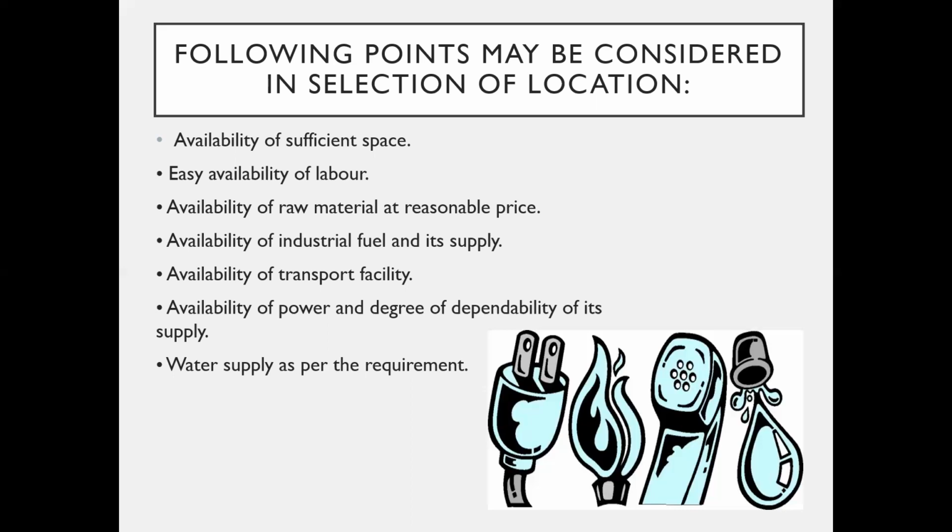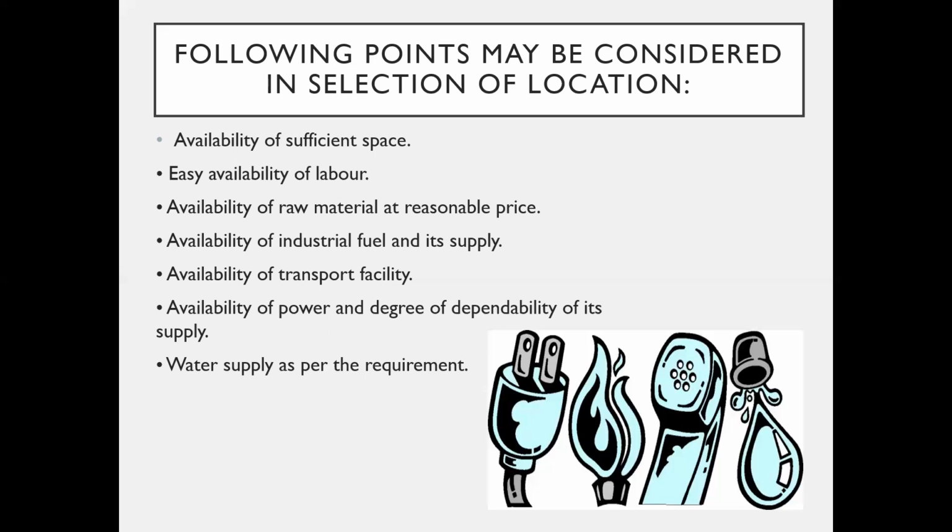Availability of transport facility. Transport facilities play an important role in a business establishment. If there is no proper transportation, you may have to face some problems relating to transportation of materials for production, transportation of people for work, and transportation of the produced product from your point to the customers.